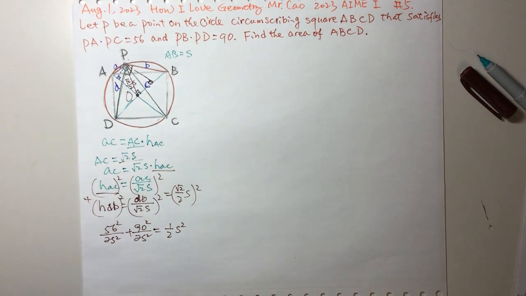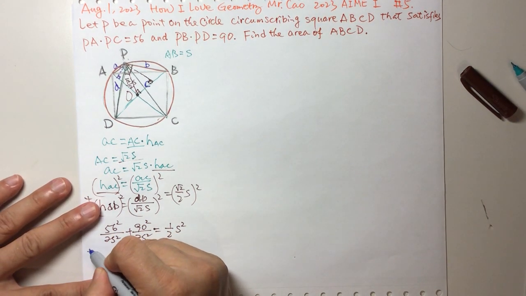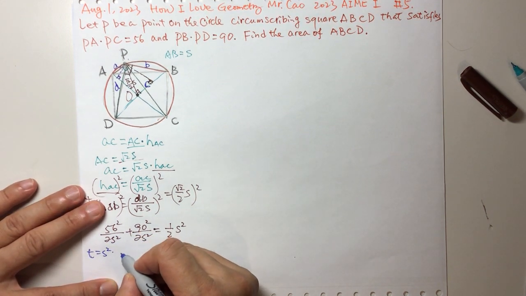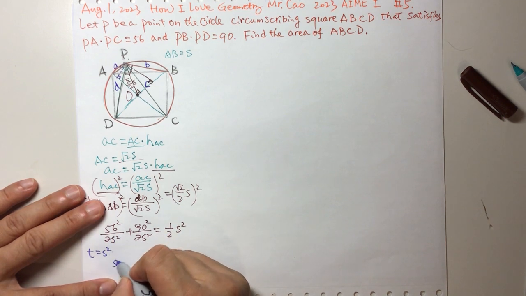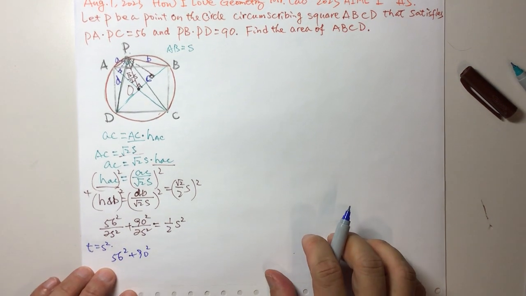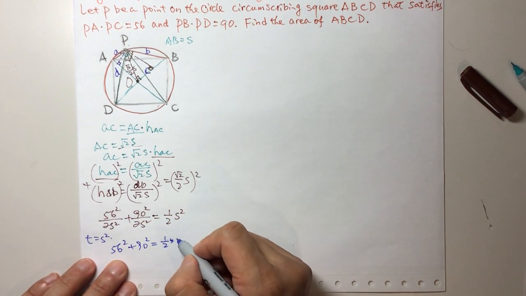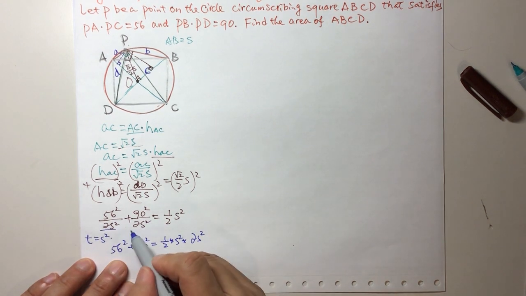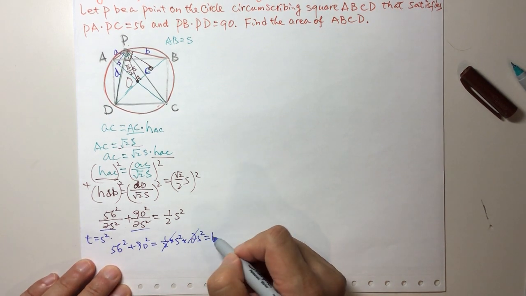Okay, so let t equal S squared, and multiply each side by 2S squared. We will get 56 squared plus 90 squared equals one half times S squared times 2S squared, right? One half and 2 cancel, so that will be t squared.